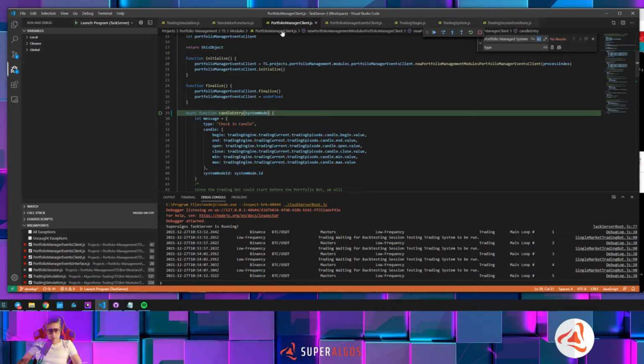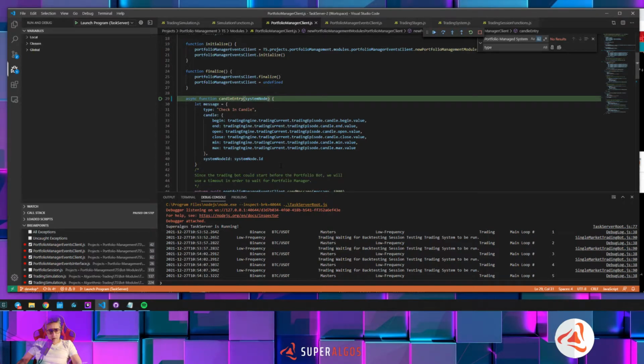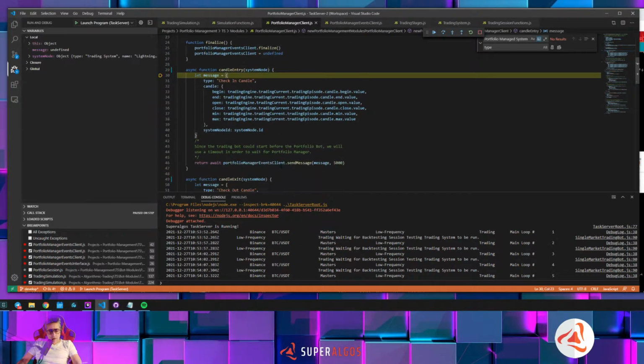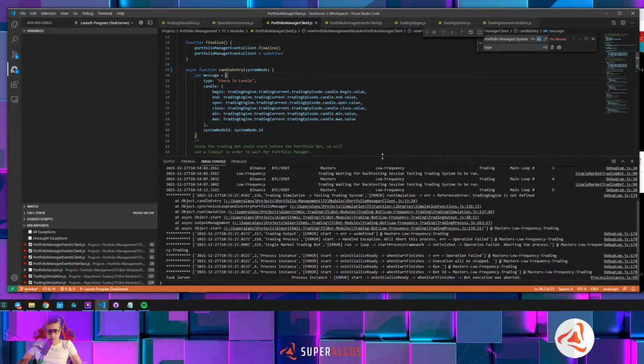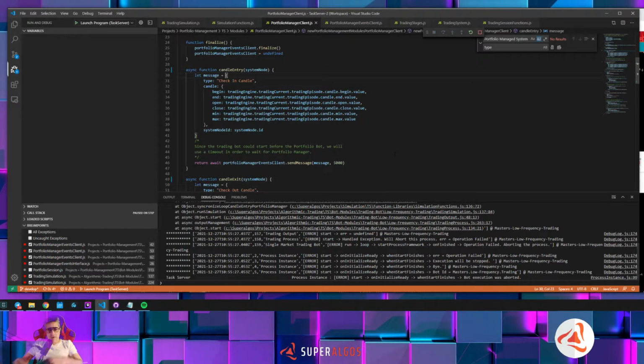Okay, we enter here, and we will send a message. Okay, first problem here. Trading engine is not defined. Okay.